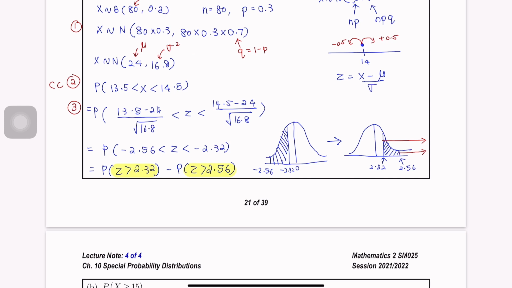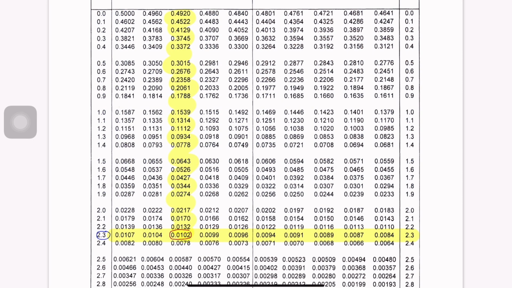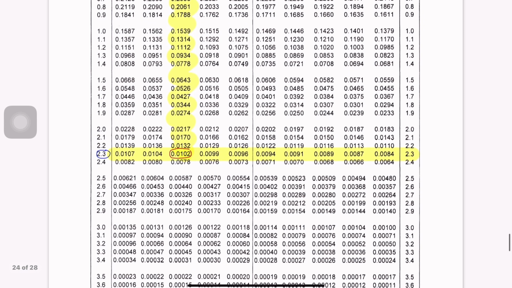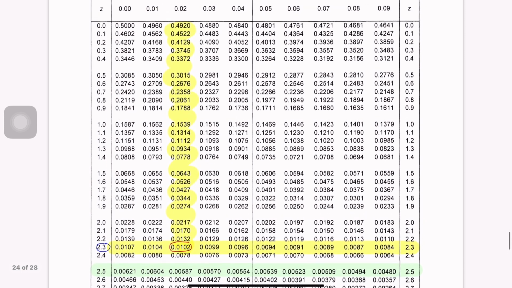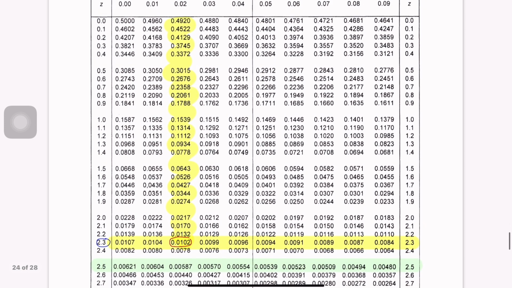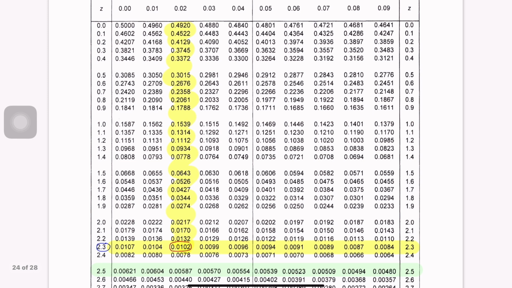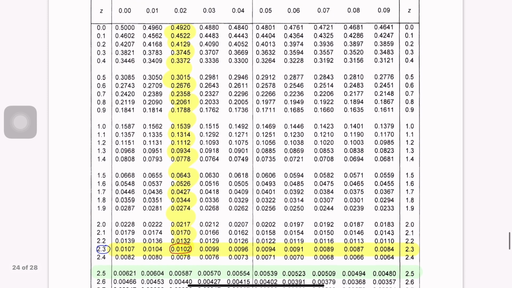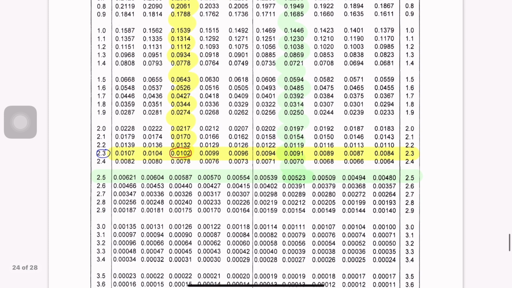Just write the value 0.0102, minus again 2.56. We will use a different color: 2.5 and the value 6, so 0.6 in the uppermost row. So what is the value we get here?